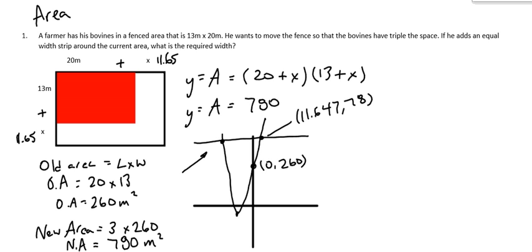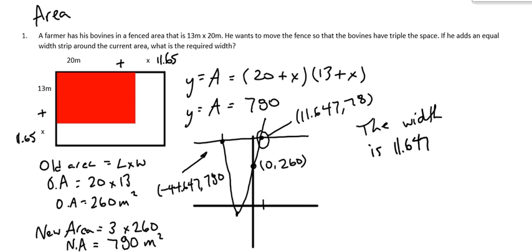And this point over here is negative 44.647 and 780. This means that's the point where my x value that I've increased it by gives an area of 780. So the width is 11.647 or 65, which is what we found doing the long way.